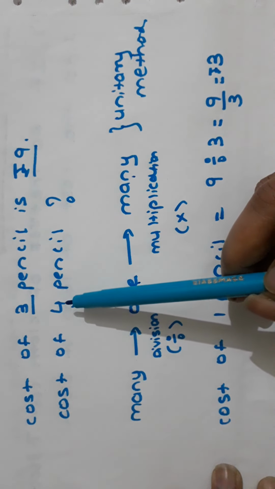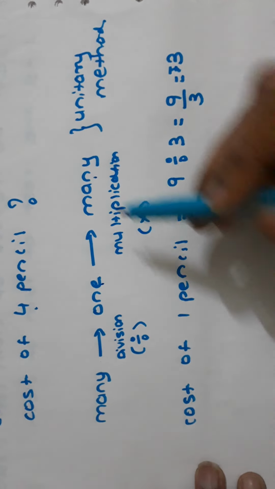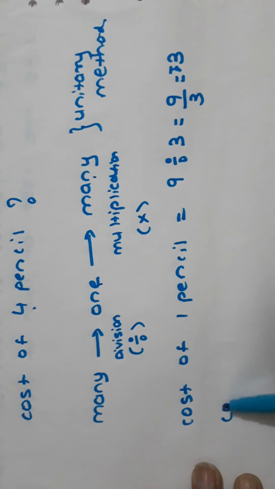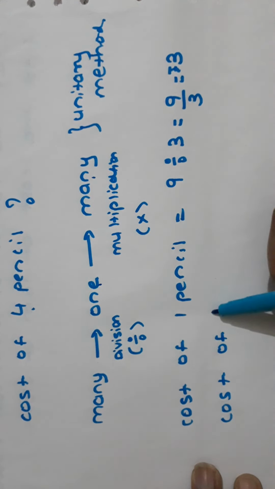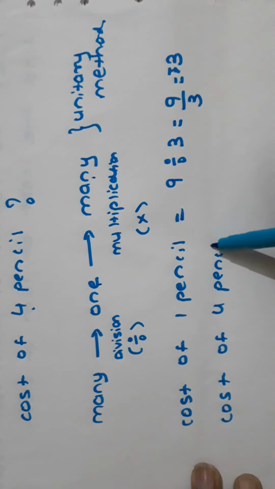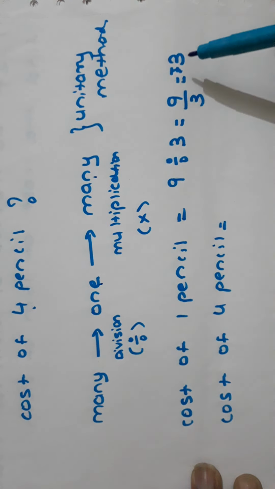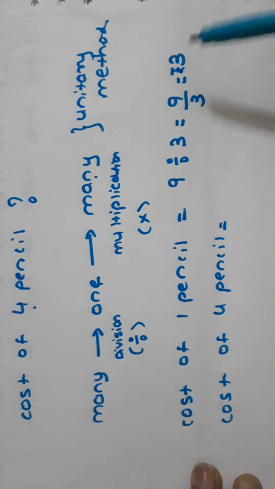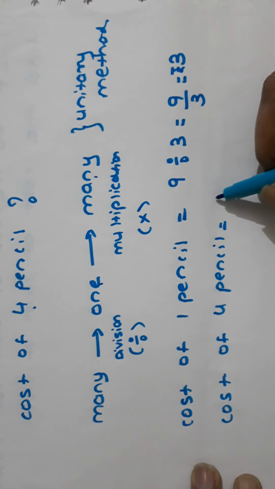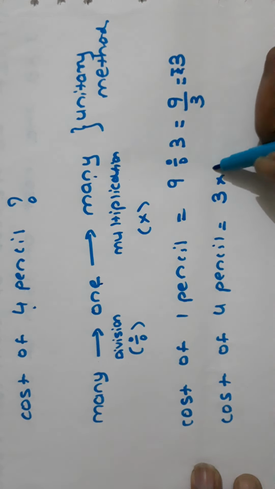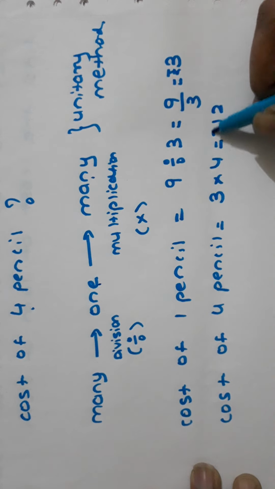That means we will find the cost of 4 pencils, and that too by multiplication. Cost of 1 pencil is rupees 3. So cost of 4 pencils is 3 into 4, 12.